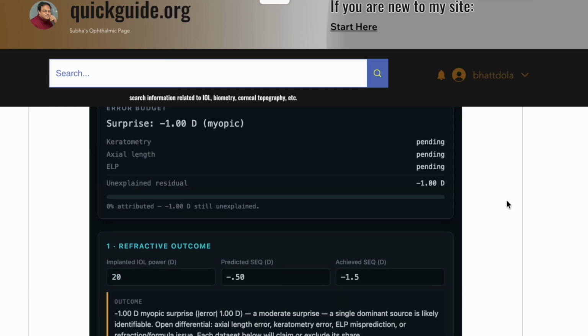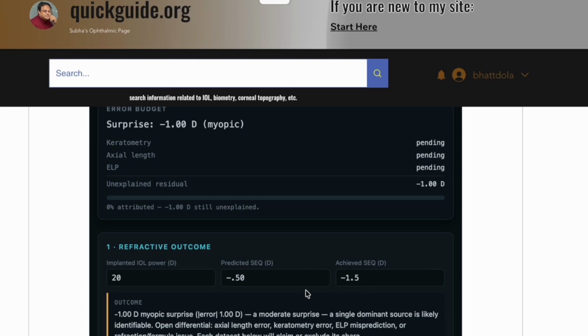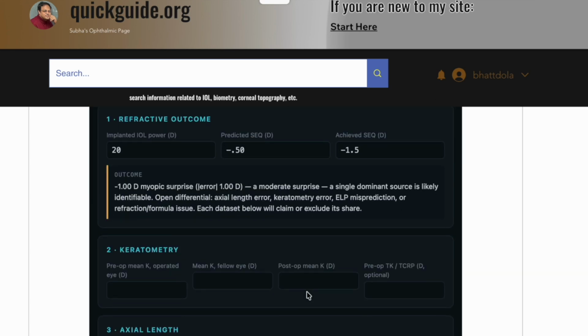So the calculator shows you the actual prediction error, because you aimed for minus 0.50 and you achieved minus 1.5, then your real error is minus 1.5 minus 0.50. That is minus 1 of myopic surprise. It is not minus 1.5 of myopic surprise. It is minus 1 of myopic surprise because you had already aimed for minus 0.50.